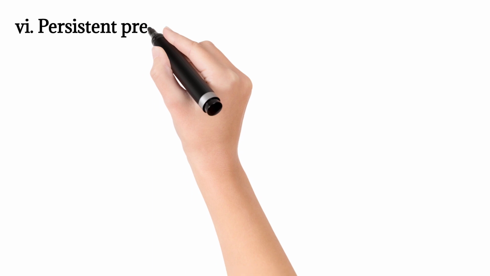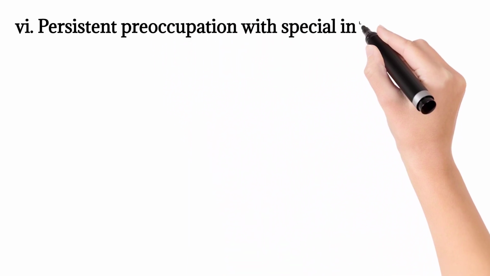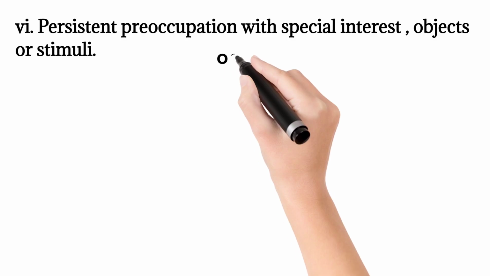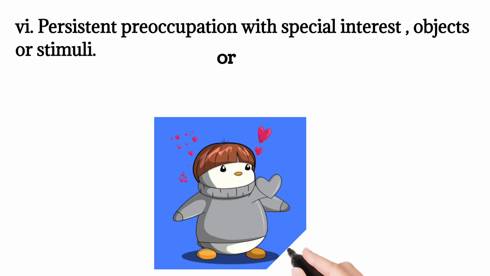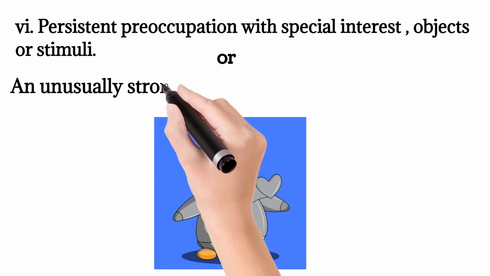Next is persistent preoccupation with one or more special interests, objects and stimuli, or an unusually strong attachment to a particular object.